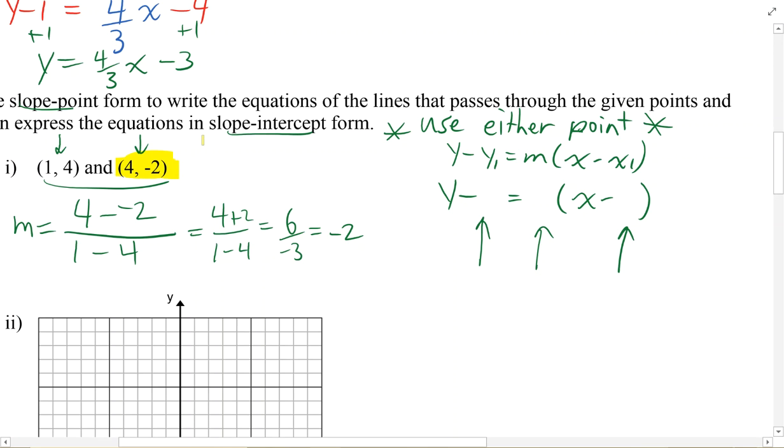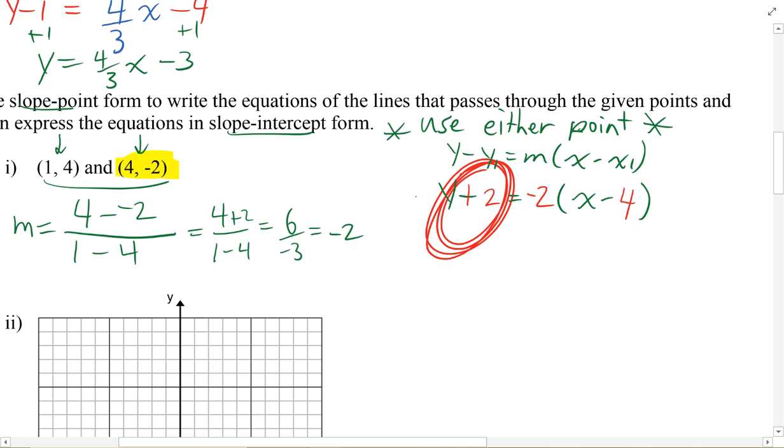Yeah, so Trevor decided to use 4 and -2. Okay, there you go. Did you change this to a +2?